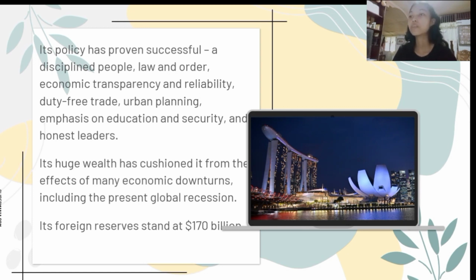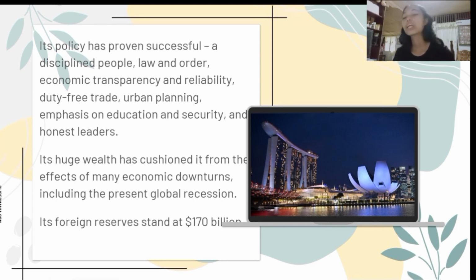A disciplined people, law and order, economic transparency and reliability, duty-free trade, urban planning, emphasis on education and security, and honest leaders. And despite its authoritarian leadership, which is strict to the freedom of the people, it is somehow proven successful.